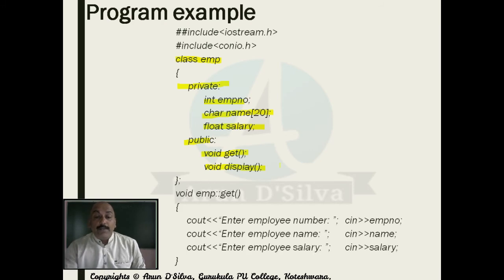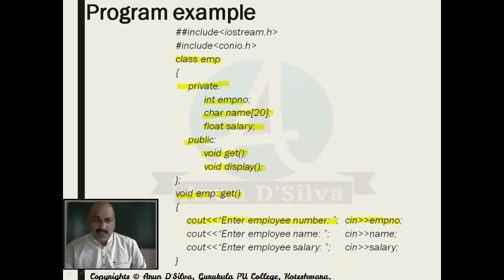The first function I'll define is void EMP scope resolution operator get. What I'll do: enter employee number, and for that I'm using cin EMP number. Enter employee name, cin name. Enter employee salary, cin salary. So this is what it displays on the screen, as well as you are inputting from the keyboard.